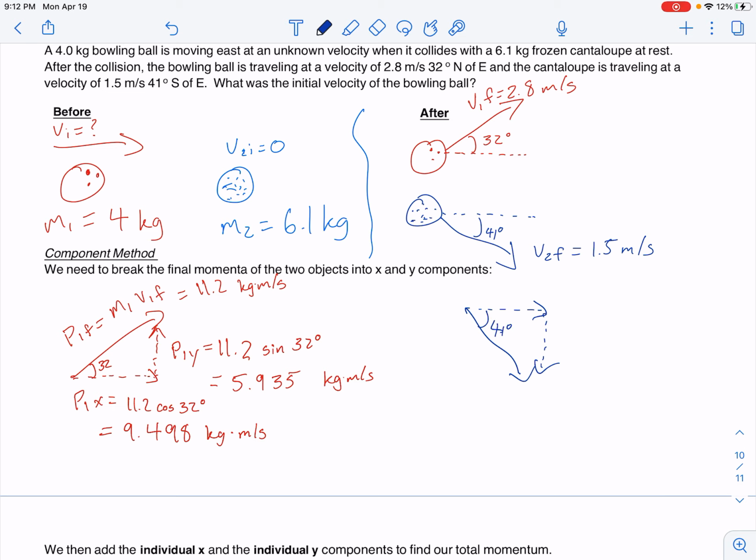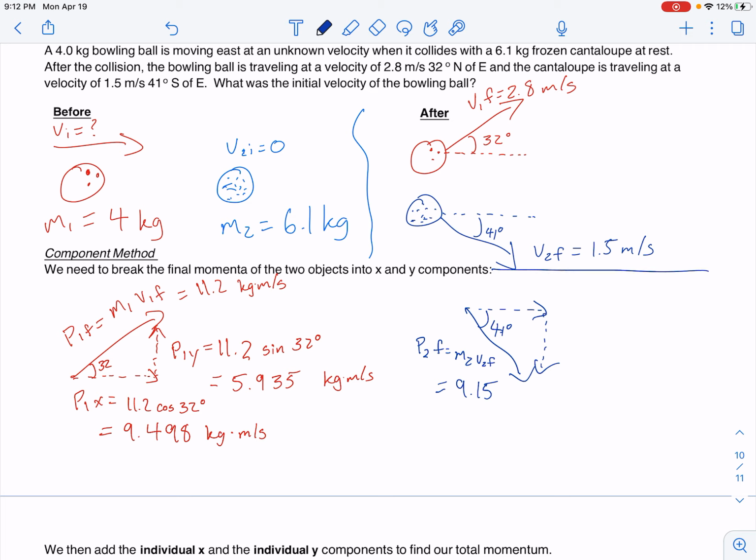I know that my final momentum of this ball is going to be given by my mass times the new velocity. So the mass of my cantaloupe is 6.1 times the new velocity of 1.5, so the final momentum here is going to be 9.15. That gives me my hypotenuse.